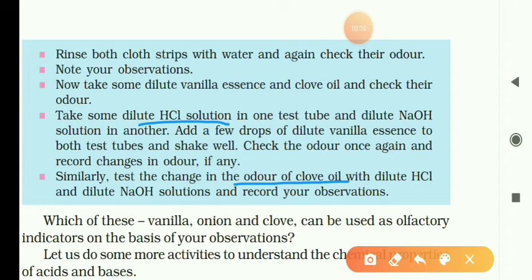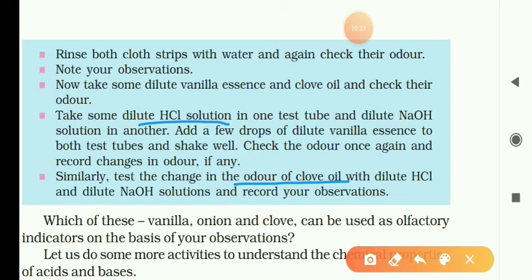Okay, so in this way olfactory indicators are used to test for an acid and a base. Can you tell me now examples of olfactory indicators?